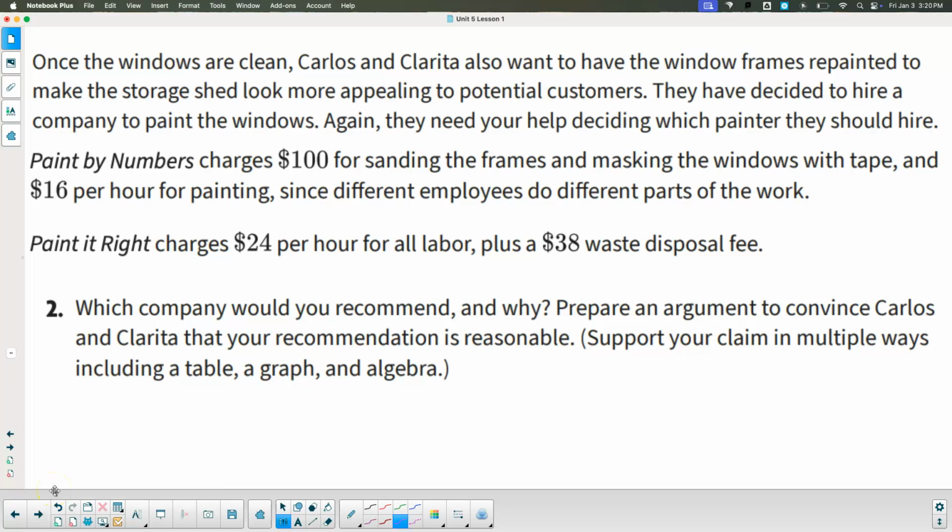Once again, it all really depends on how many windows you have. Paint by Numbers charges more right off the start, but charges less per hour.